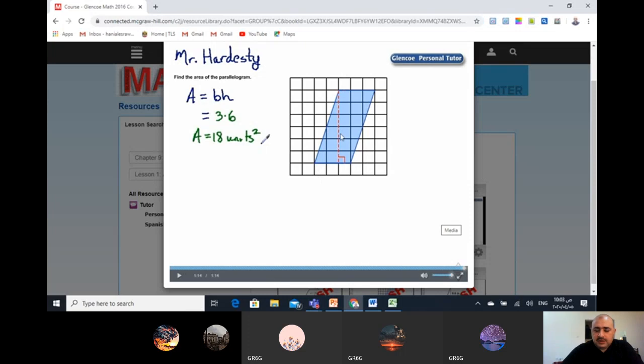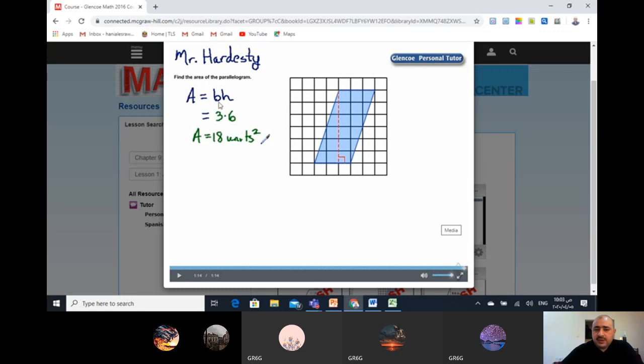Okay, in this example, as you see here, we have a coordinate grid. Inside the coordinate grid, we have a parallelogram. But I don't know the values of the sides. How to know the value of the sides? This is the base. Count the small squares. 1, 2, 3. So here we have 3 squares.